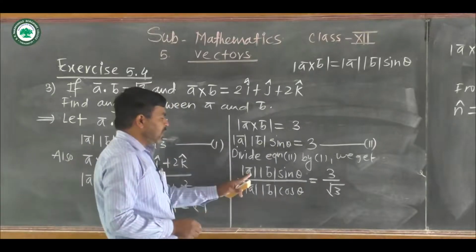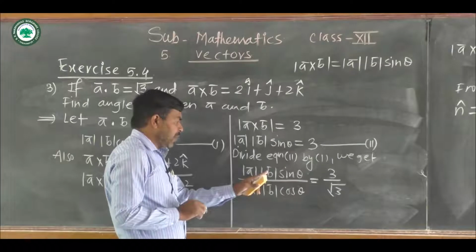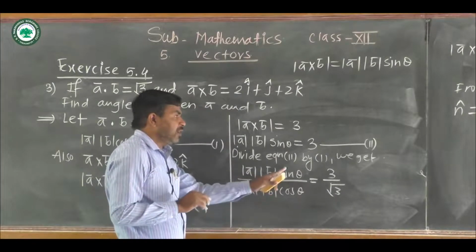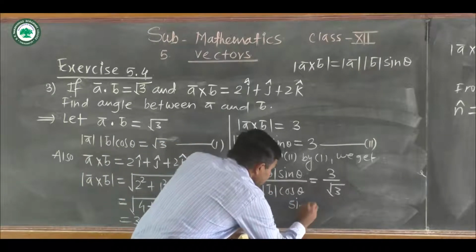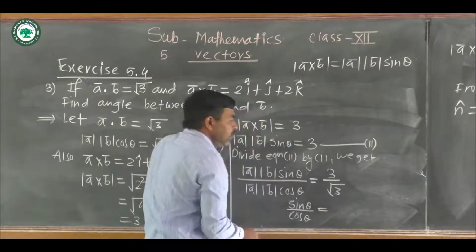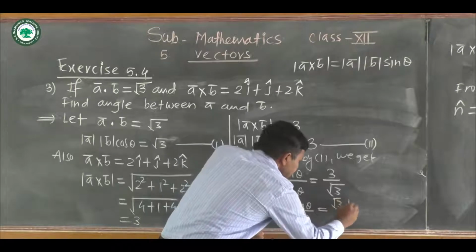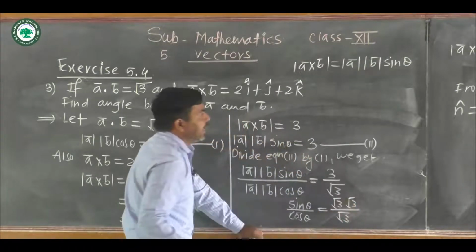So magnitude of vector A cancels, its value is 1. Magnitude of vector B gets cancelled, its value is 1, and it is sine theta divided by cos theta. So the remaining term is sine theta divided by cos theta is equal to 3 upon root 3. This 3 can be written as root 3 into root 3 divided by root 3. Now root 3 gets cancelled.